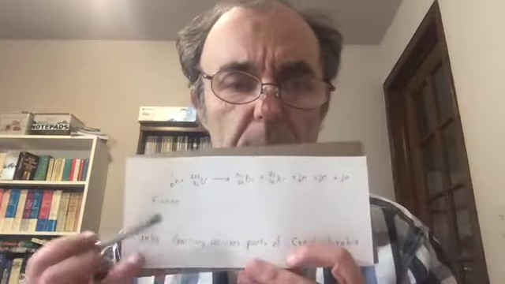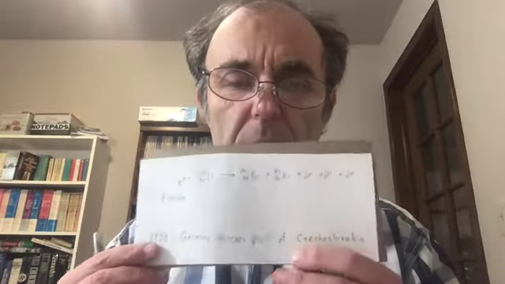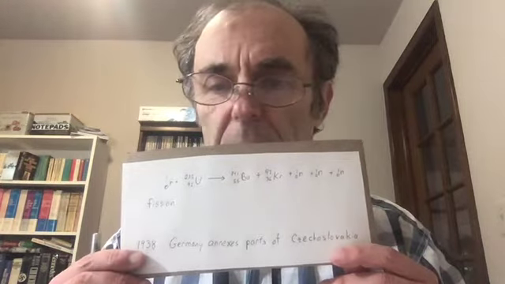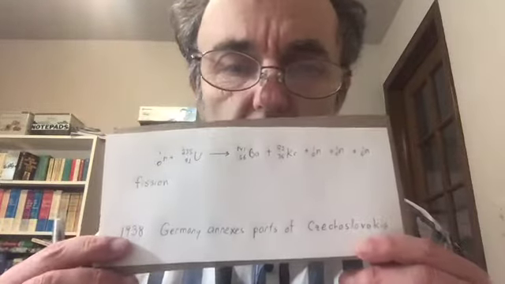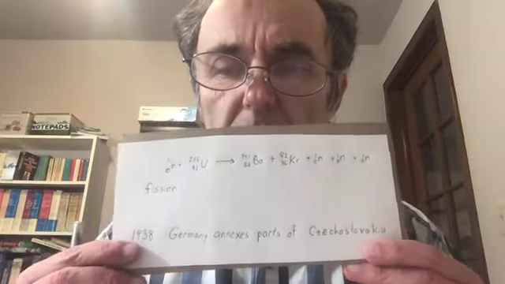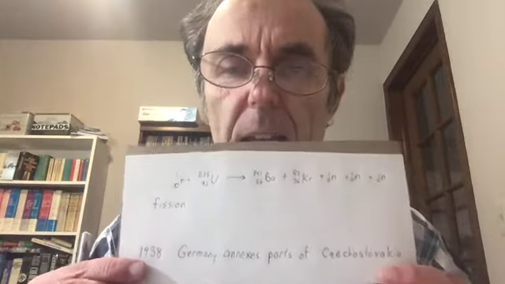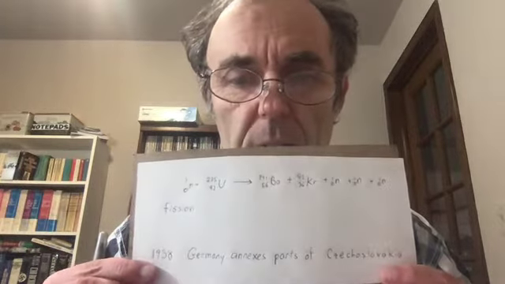At the same time, 1938, Germany, remember, had annexed Austria, now annexed parts of Czechoslovakia. And this caused a great debate within the international community and almost led to war at that time. But finally, Germany promised not to do it again, and France and England gave in and let Germany annex parts of Czechoslovakia.